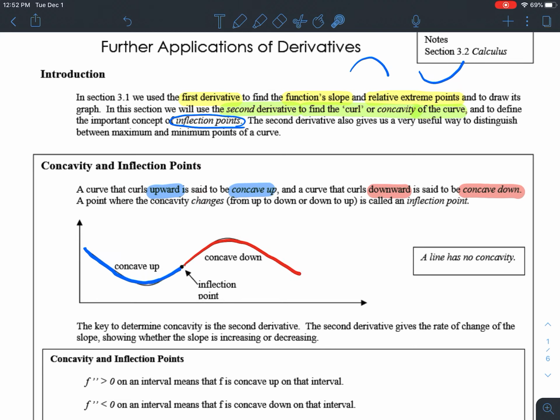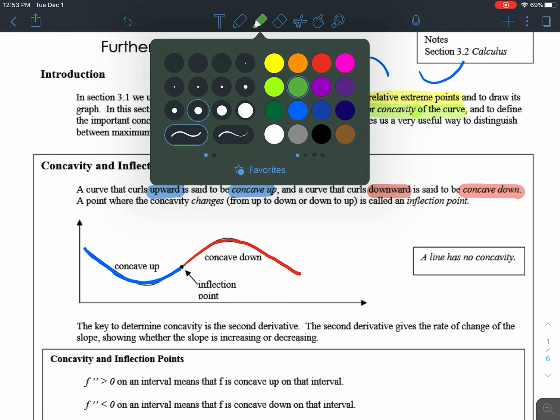So I want you to think of it like this. If you were to spill water on top of your graph, any section of your graph that feels like it would hold some of the water is considered concave up, whereas any section of the graph where it feels like the water would run off of it is considered to be concave down.